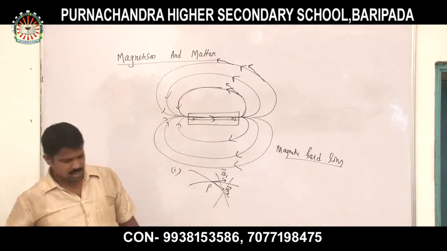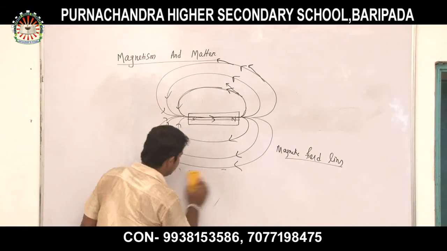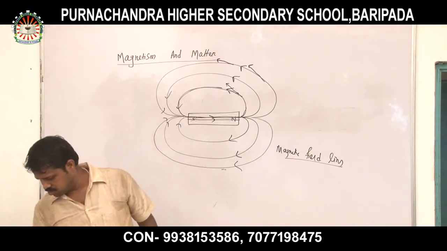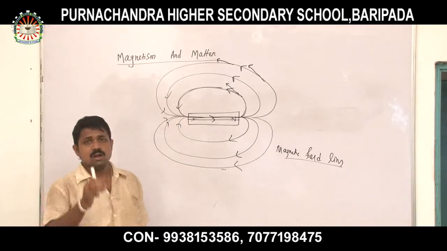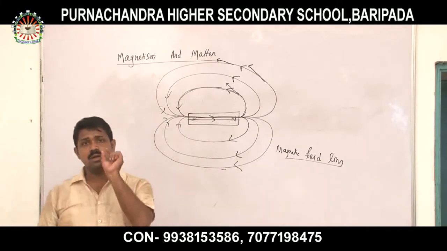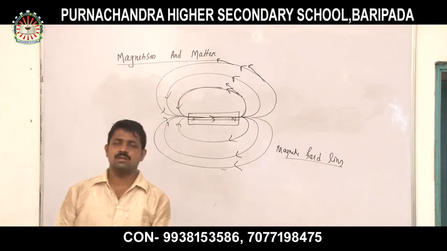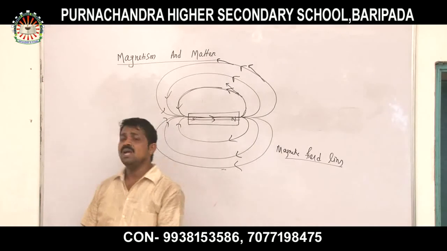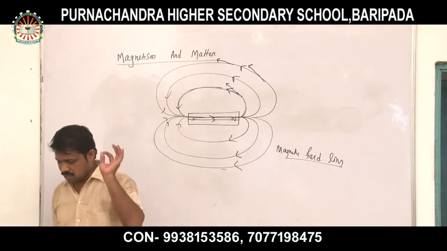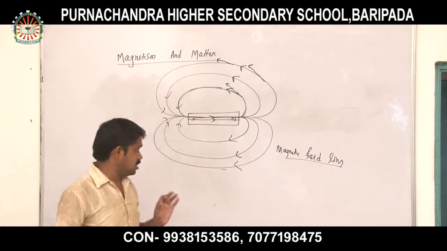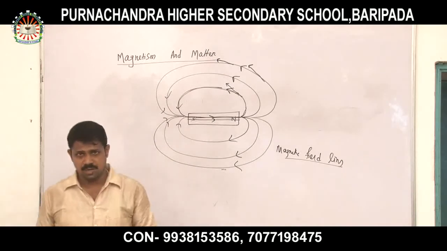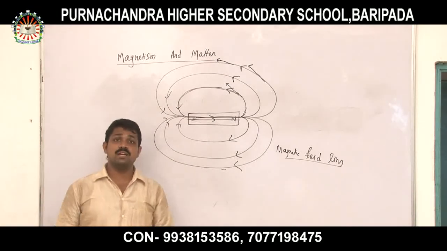In this part, another important point is that in this bar magnet, what do you mean by pole strength? This is a small but very important part. Pole strength is nothing but the strength of the magnetic pole.